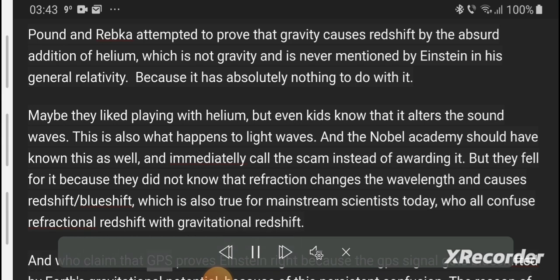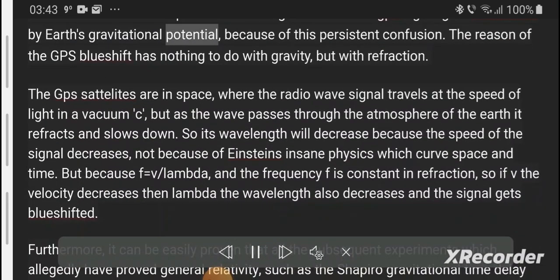And who claim that GPS proves Einstein right because the GPS signal gets blue shifted by Earth's gravitational potential, because of this persistent confusion. The reason for the GPS blue shift has nothing to do with gravity, but with refraction.